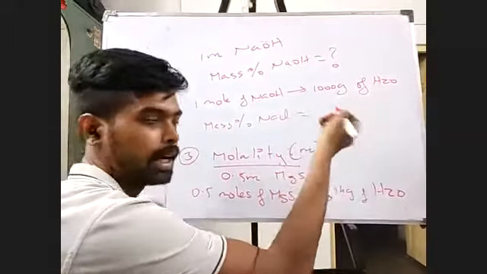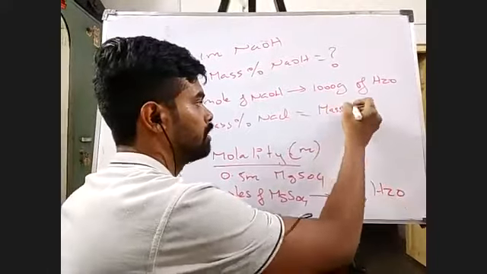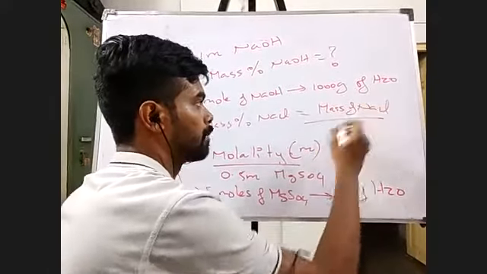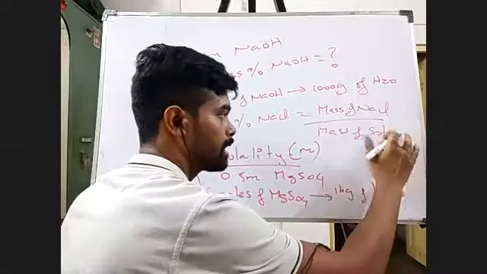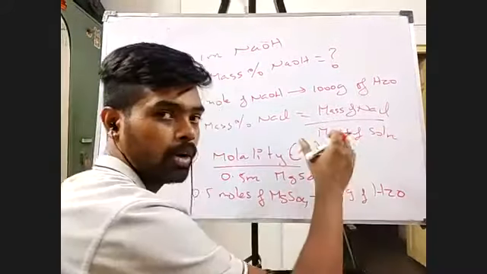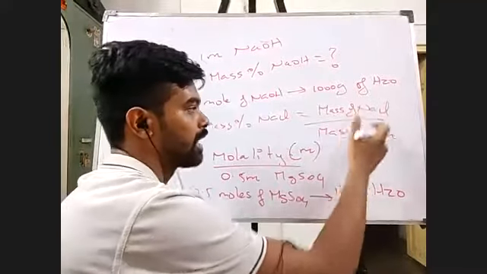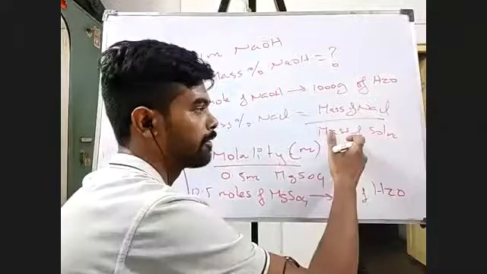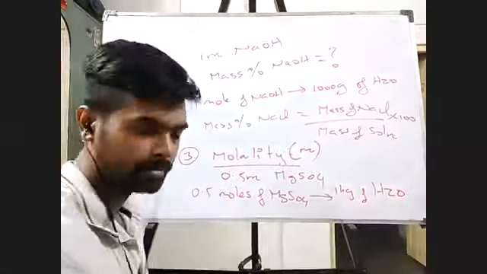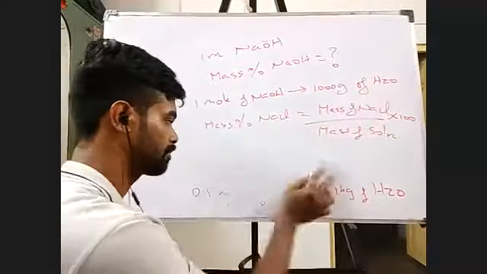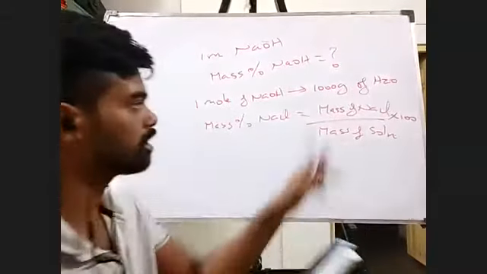Okay. Now for the mass percentage, what will be the formula? Mass of NaOH divided by mass of total solution. Please, it's not solvent here. I know what mass percentage is: mass of the solute divided by total mass of the solution, into 100. Correct? Now, what is the mass of NaOH present?